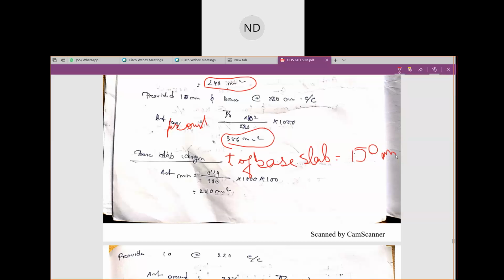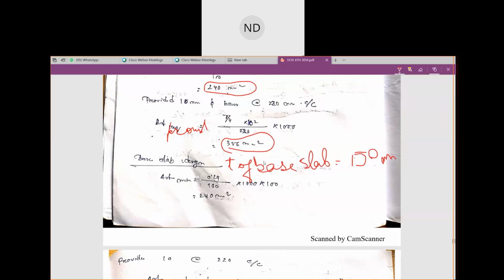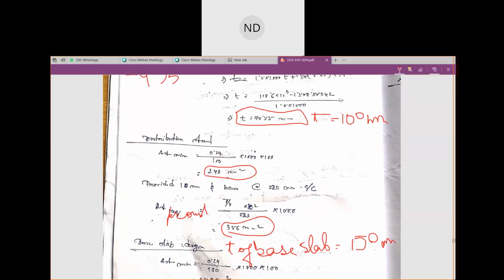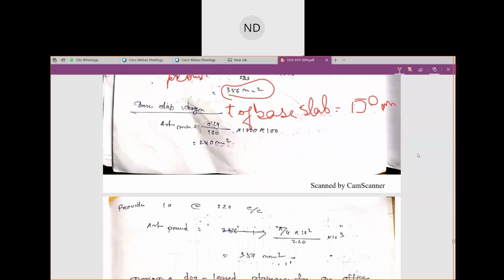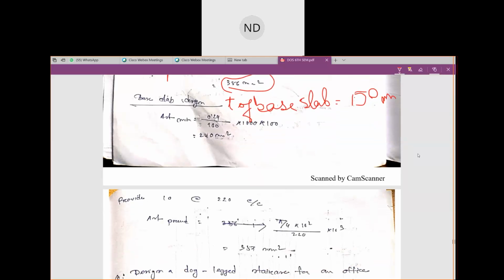So it is 0.24% of the area, that is equal to B into D. D we know it is 100 here. So the minimum area of steel is 240 mm square. So we can provide 10 mm diameter bars at 220 center to center. So the area of steel provided is how much now? 357 mm square.